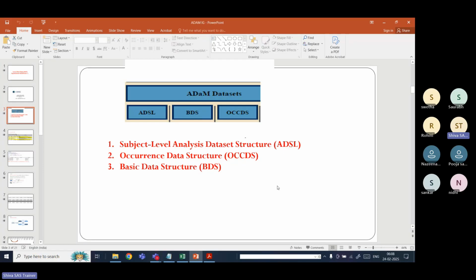ADSL is the subject-level analysis dataset structure, BDS is the basic data structure, and OCCDS is the occurrence data structure. All the ADaM datasets are categorized into any one of these. We'll see what ADSL, BDS, and OCCDS are.